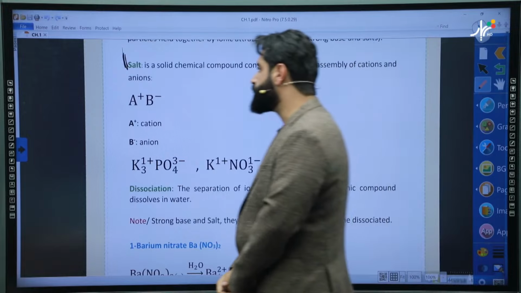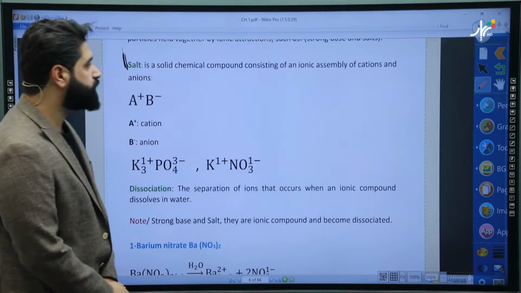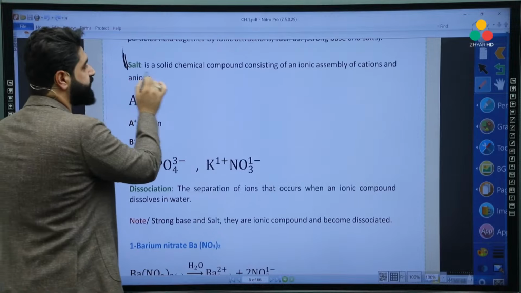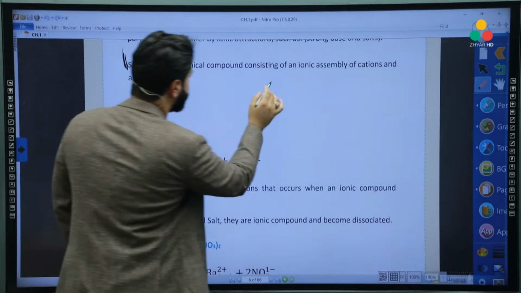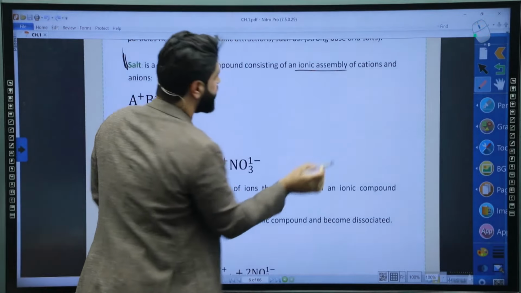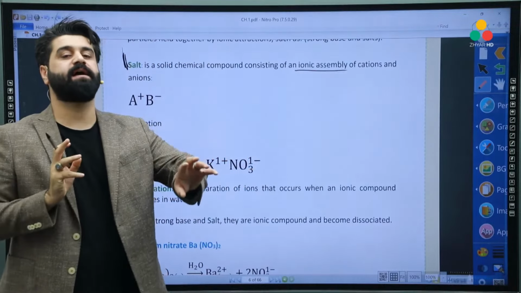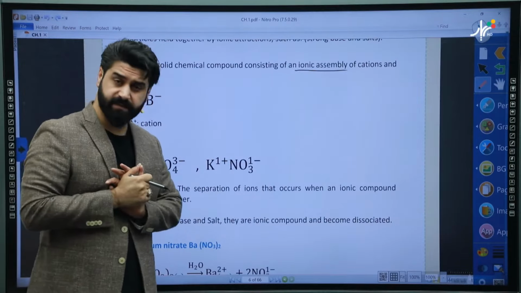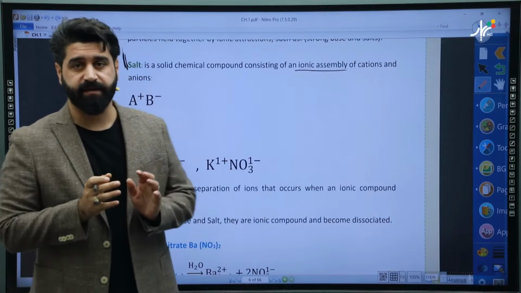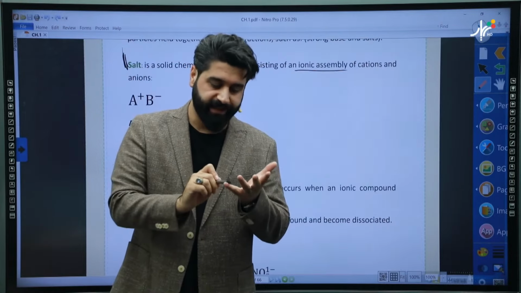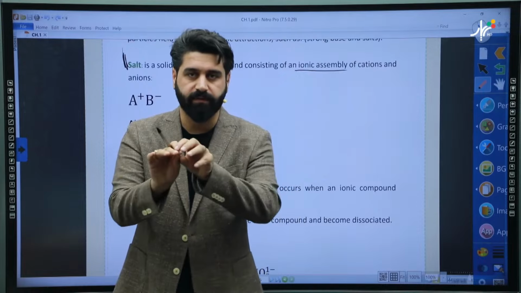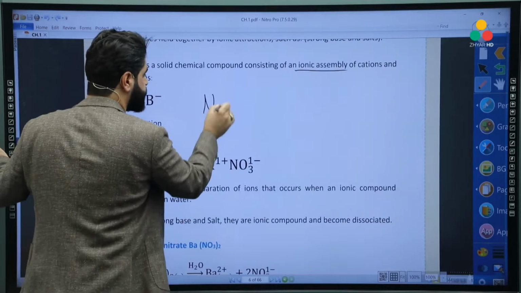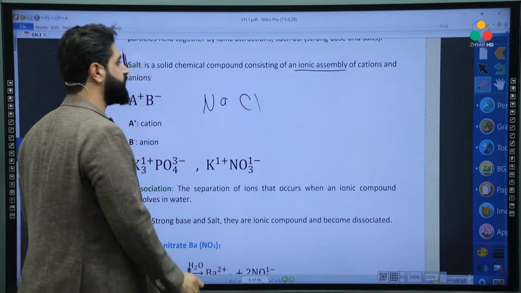Okay, let's go through the salts when we put them into water. Well, first of all, salt, it's an ionic compound. An ionic compound contains an ionic assembly of cation and anion. So salt, it's an ionic compound, first of all. Contains ionic assembly between cation and anion, ionic bond, okay? Good. For example, we have NaCl, your beloved salt, NaCl.